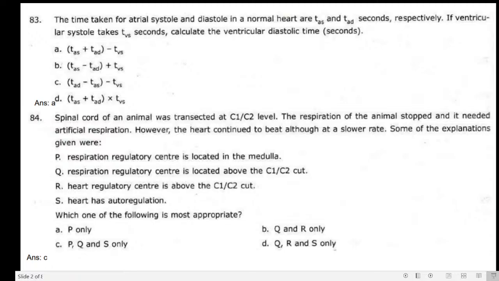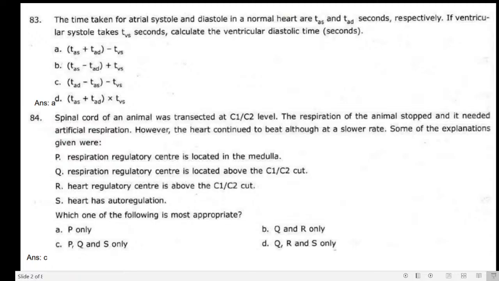The arterial systole is denoted as TAS, and the diastole is denoted as TAD, in seconds. Then the ventricular systole is denoted as VS, and it takes some particular time, that is TVS. Here we calculate the timing.